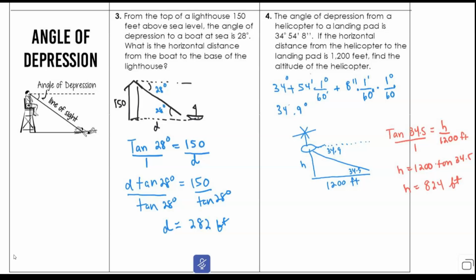So the distance will equal 150 divided by the tangent of 28 degrees. So what you're going to write is 150 divided by tangent 28 degrees. And I did make sure that it was in degrees. So your answer is approximately 282 feet away.